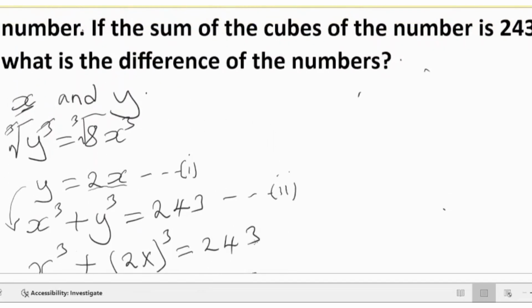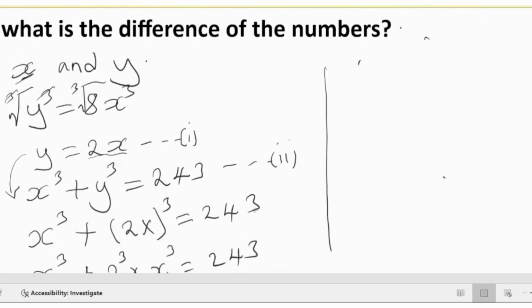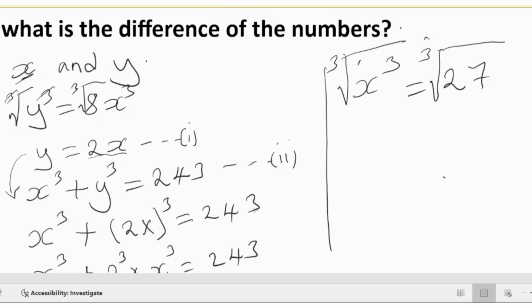And therefore, we will have x cubed is equivalent to 27, and therefore we find the cube root this side and the cube root this side, and x will be equivalent to 3.